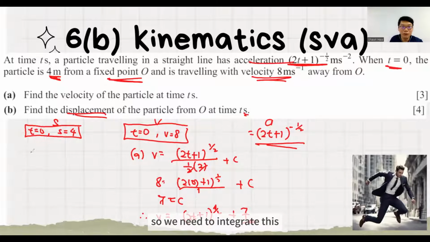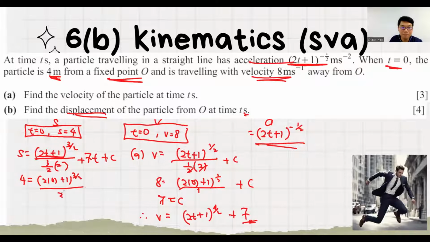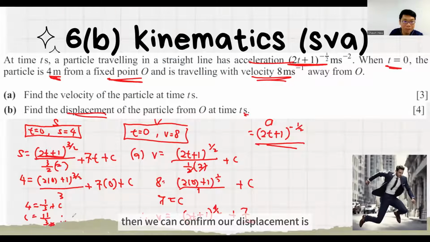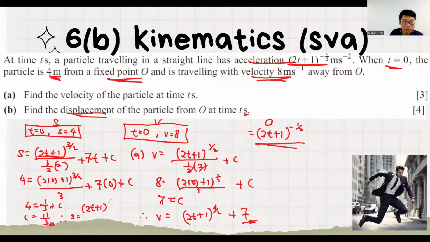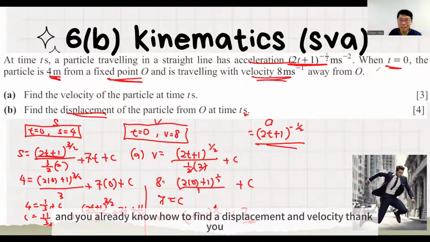So we need to integrate this: power plus 1 over new power, differentiate the base and divide by it. They're telling us when t is 0, it is 4 meters away from the point. Then we can confirm our displacement is this. So congratulations, you get all the marks and you already know how to find the displacement and velocity.